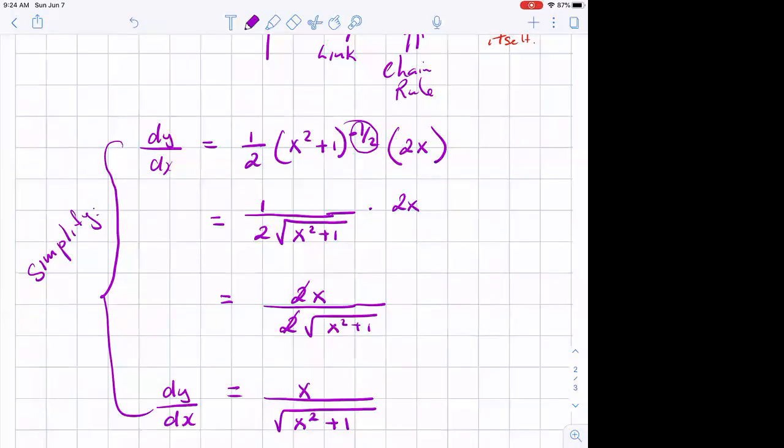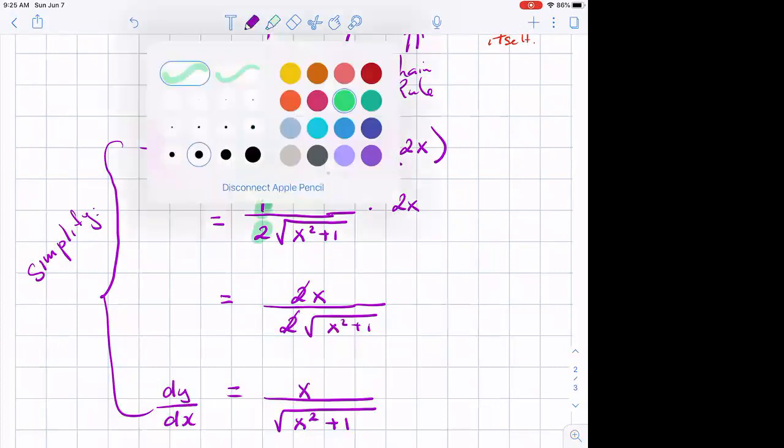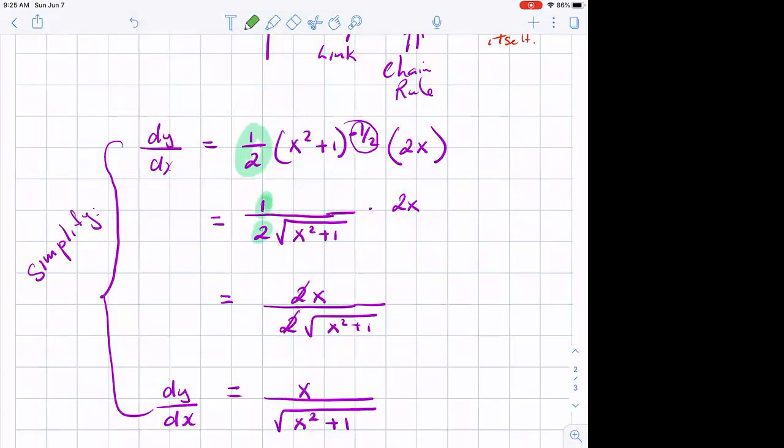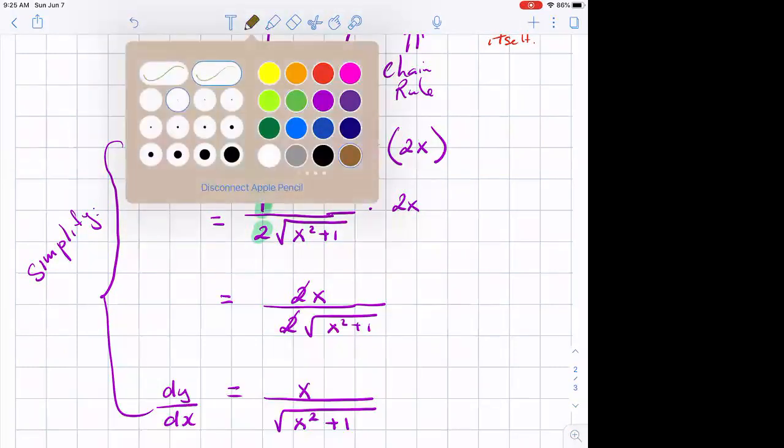Professor, what happened to the half that was in front? Are you referring to this half here? Yeah. So that half becomes over here 1 over 2. You have to keep in mind that this portion here, let me not do that in green, let's do it in brown.